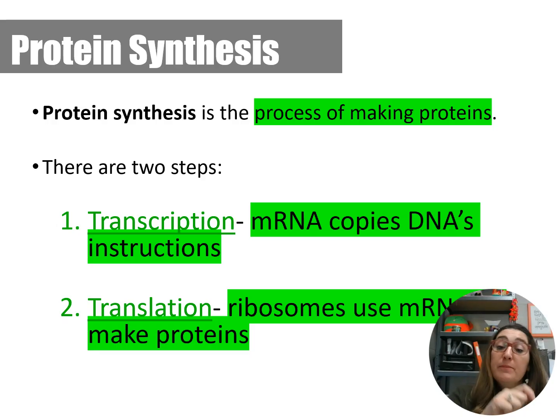A scribe is somebody who writes. So in transcription, we're going to copy the DNA into RNA. And in translation, the ribosomes are going to use mRNA to make a protein, or to put everything together.